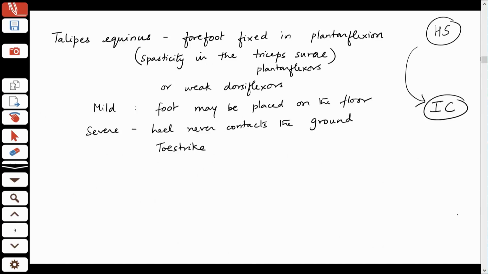So, in this case what happens is, because the foot is what strikes the ground, what happens to the GRF? The GRF will pass anterior to the knee. So, it stabilizes the knee, but eventually it is going to end up in hyperextension of the knee.